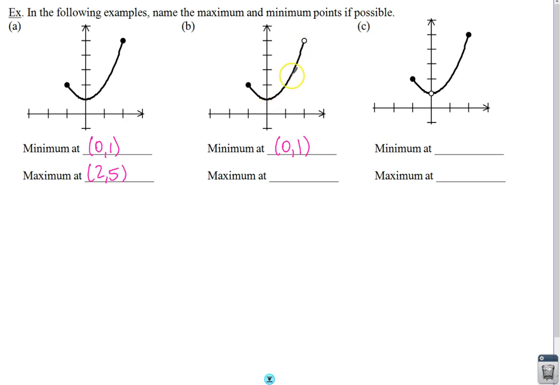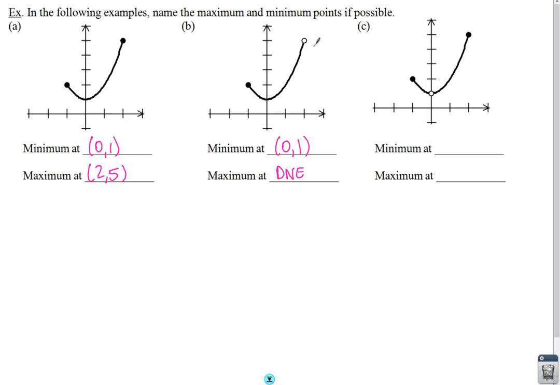I could take the limit as x approaches 2 from the left, but I'll never actually get to this y value right here. So because there's not a specific y value, there's technically not a maximum value. There's a limit. Okay, we can take the limit, but since we never actually get to a specific y value, because for every value you get to, there's always one a tiny step closer, there's actually not a maximum value.